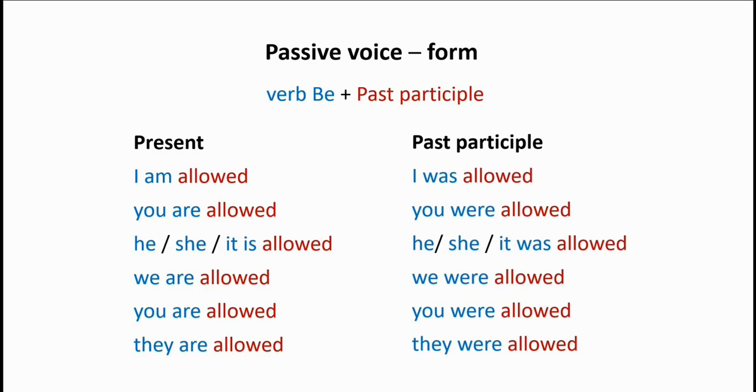And for the past tense of the passive voice, the only thing that changes is the tense of the verb be. So the verb be is now in the past tense. I was, you were, he was, she was, it was, we were, you were, and they were.